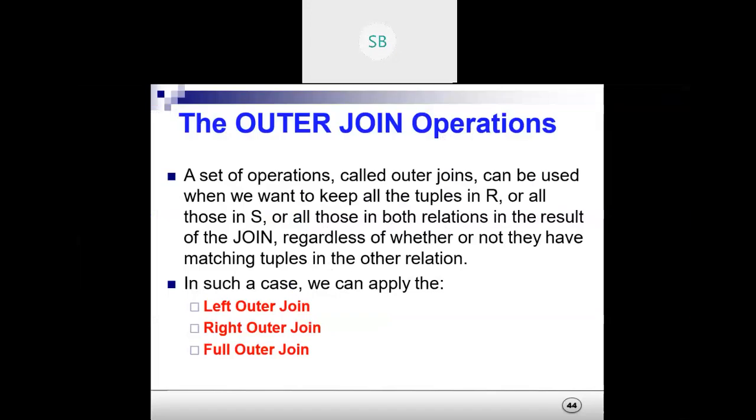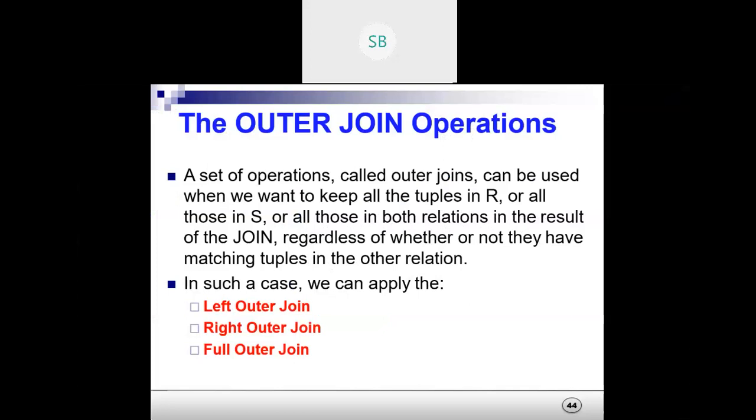So you are seeing the outer join. Yesterday we studied the natural join, equijoin, and theta join. In equijoin, we compared and whatever tuples were equal, only those appeared. Natural join is similar, but in natural join the duplicate attributes got removed.